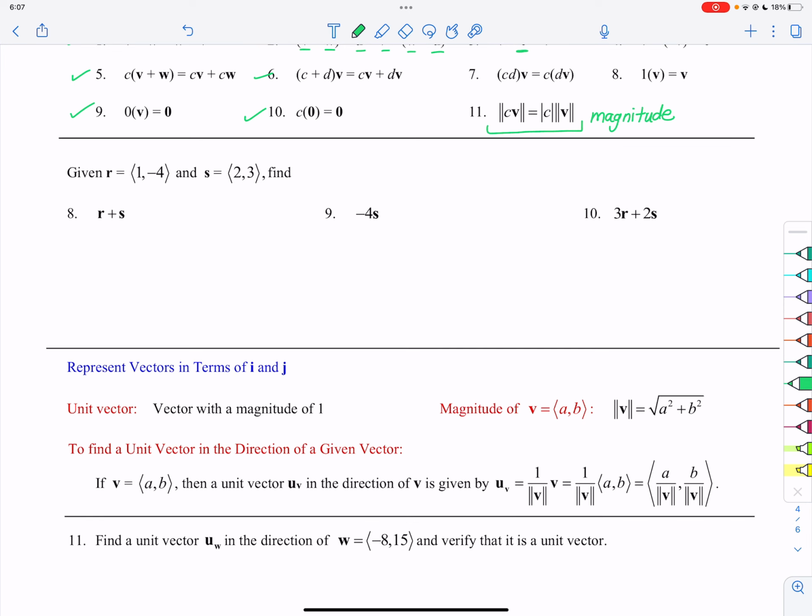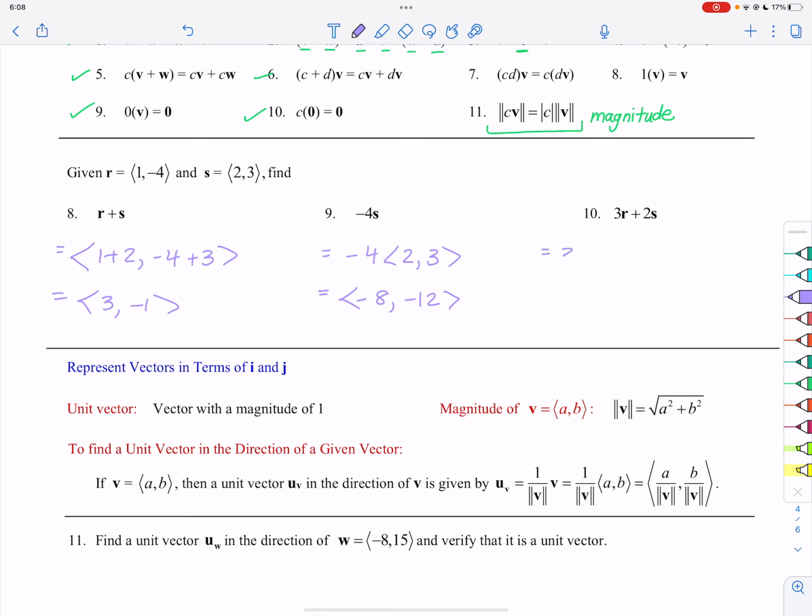So let's begin with these examples. If we're given vectors r and s in component form, you can see that this is just equal to 1 plus 2, adding the same coordinates together, and we will have 3, negative 1. In number 9, we will have negative 4 times the component form of vector s, and we have negative 8, negative 12.